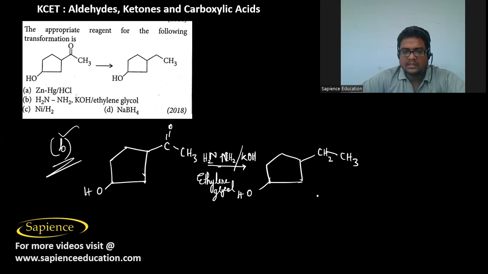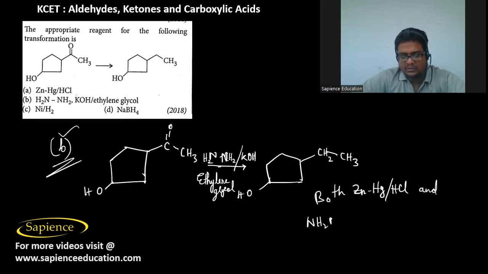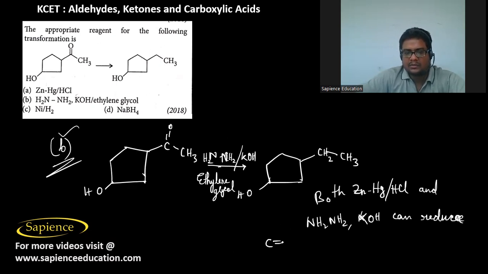So here the rule is that both the zinc mercury amalgam and HCl, and hydrazine NH2NH2 and KOH, can reduce the ketone group into the CH2 group.